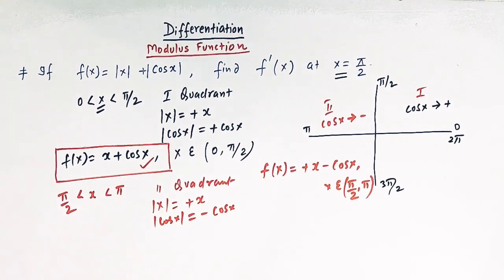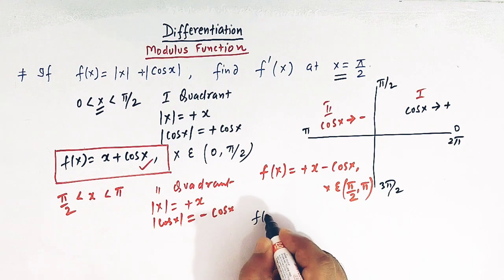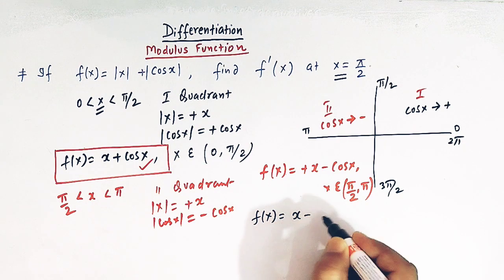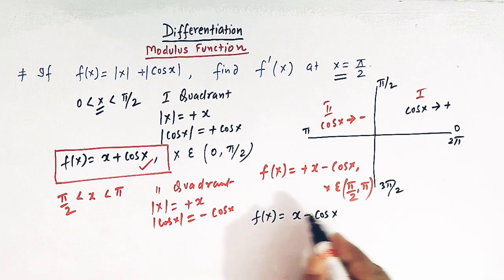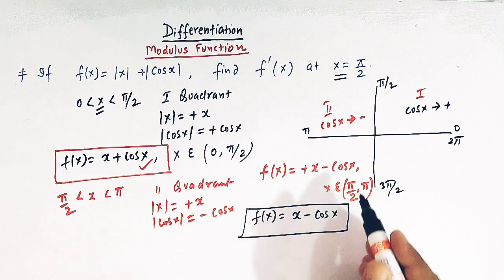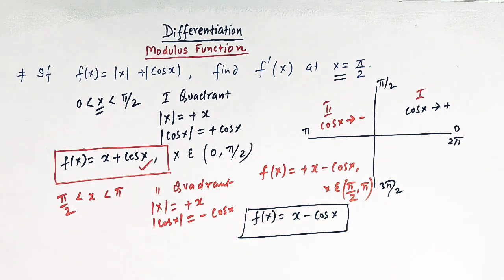So now we have the function f of x as x minus cos x when x goes from pi by 2 to pi.